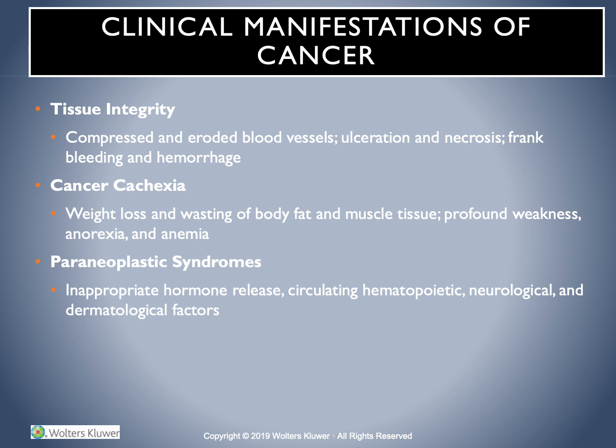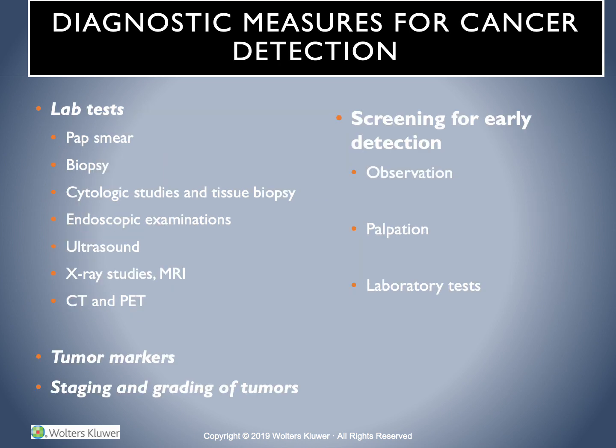On the next slide, let's talk about some of the diagnostic measures that help to detect cancer. There are several diagnostic measures and tests that can be used to detect cancer. The specific tests vary depending on the type of cancer suspected, the individual's symptoms, and other factors.